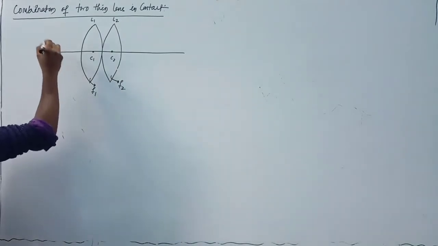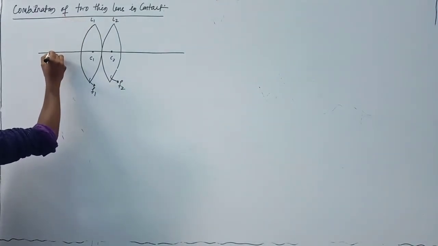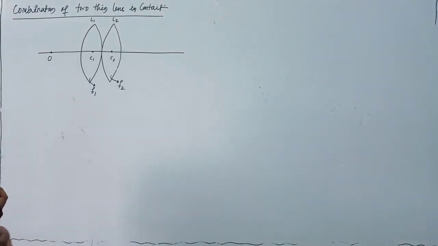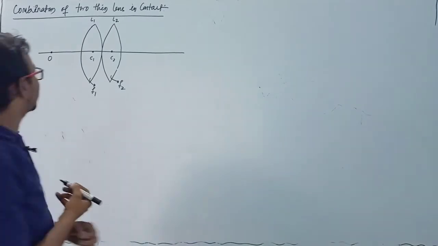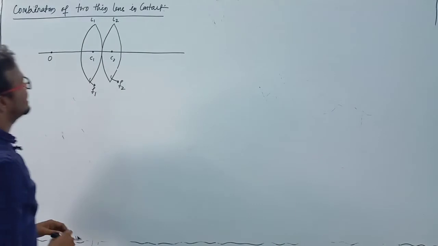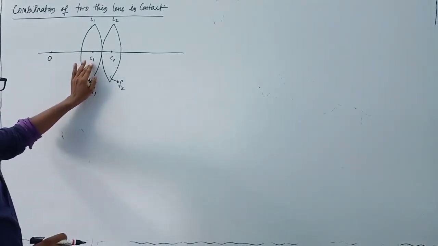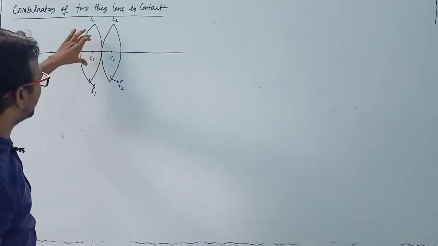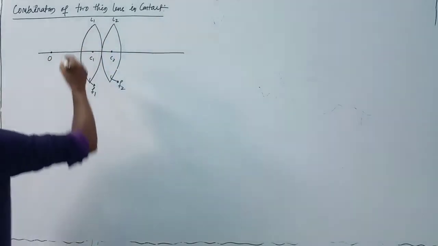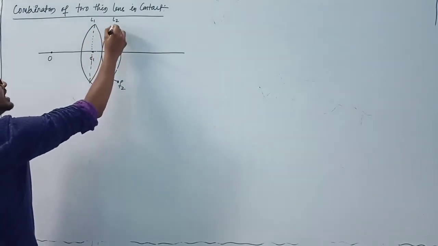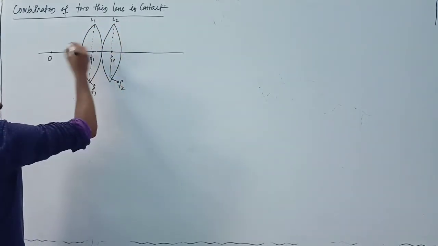Clear? Suppose there is an object placed at point O on the principal axis. If we take it as a point object placed on the principal axis at point O, first imagine that there is only one lens L1, ignore lens L2. So if we have only one lens, then this point is the very thin lens, this is the optical center.